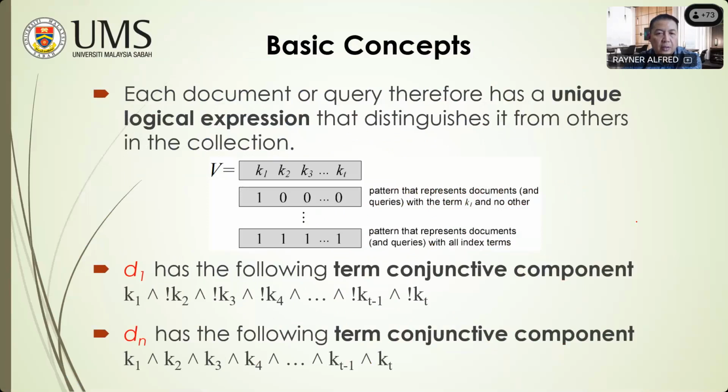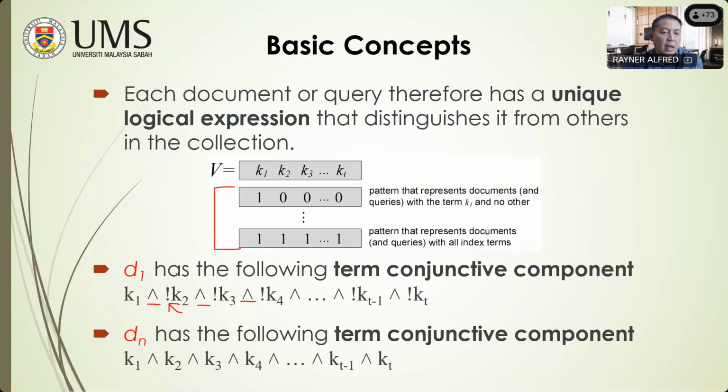If you go back to the previous one, we want to have this and, and then and. This symbol says not K2.